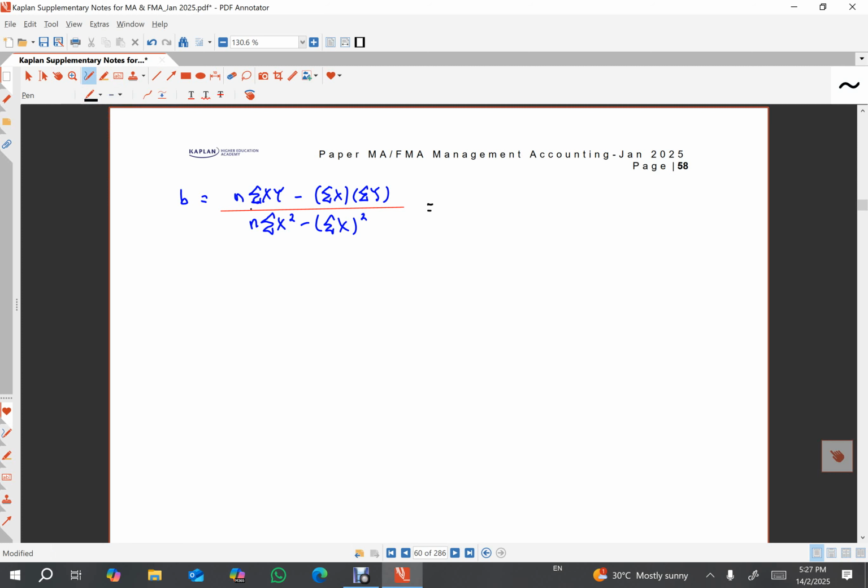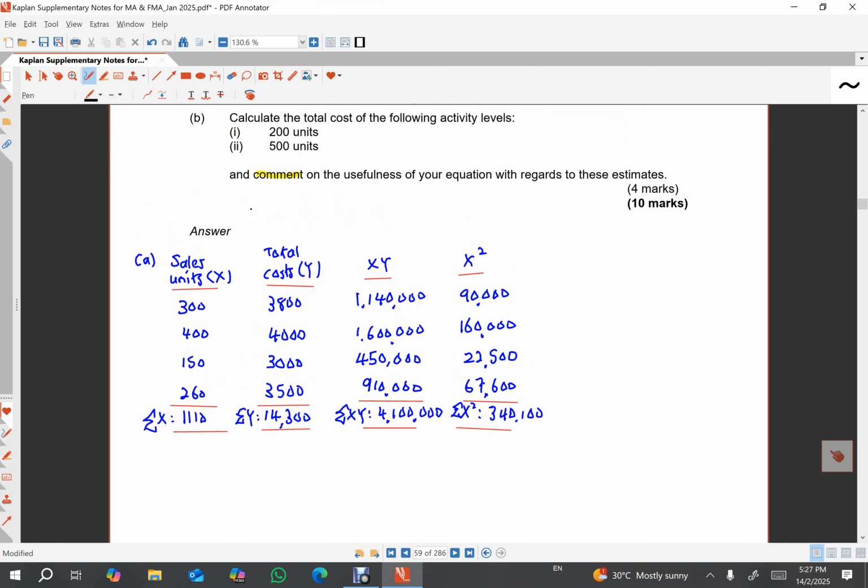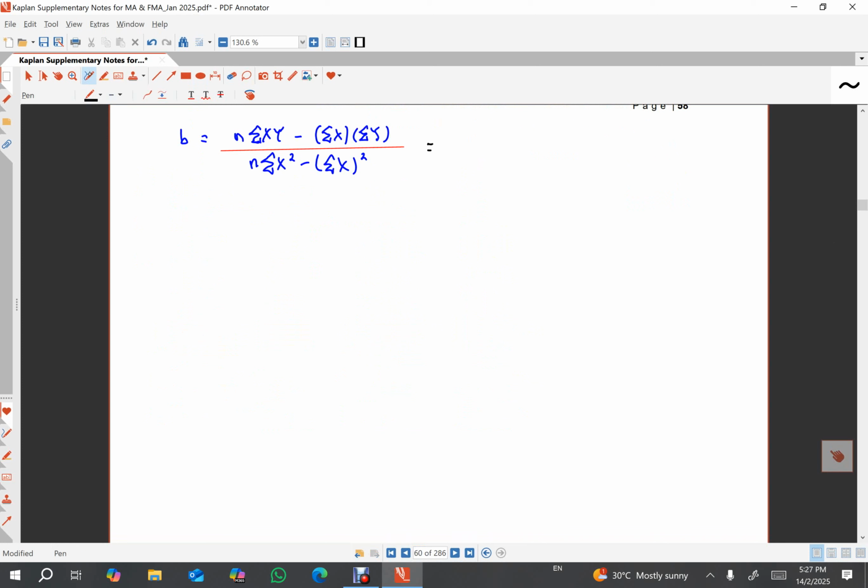N is the number of observations. We have 1, 2, 3, 4, so we have 4 pairs of observations.